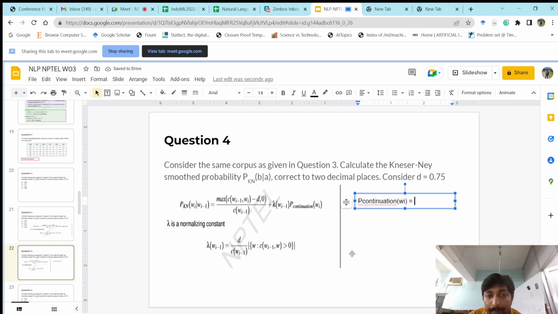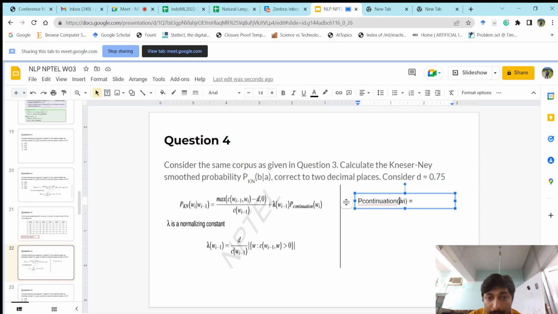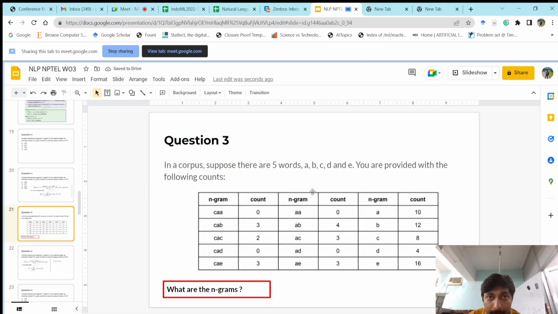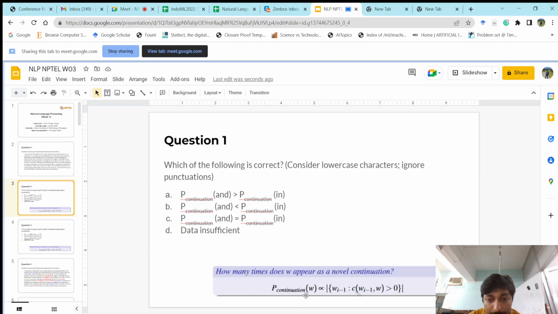So what will be that? This is again based on this context. We have to find W_i; here W_i is B, so we have to find P continuation of B. So let us try to do this. What was P continuation? That was this one.